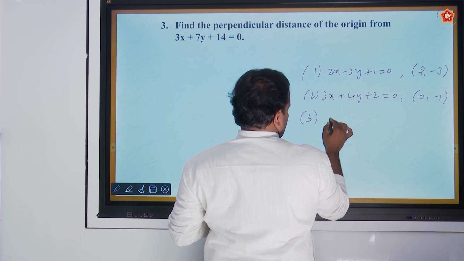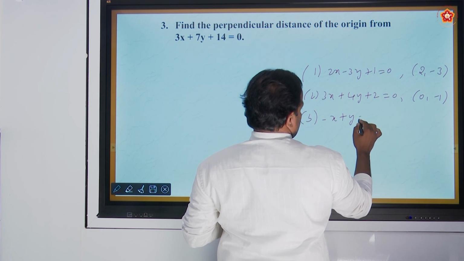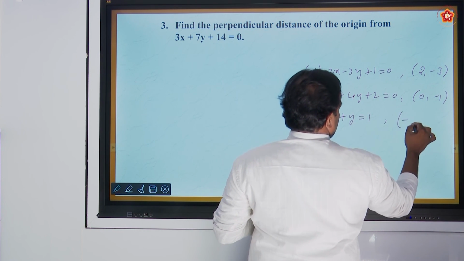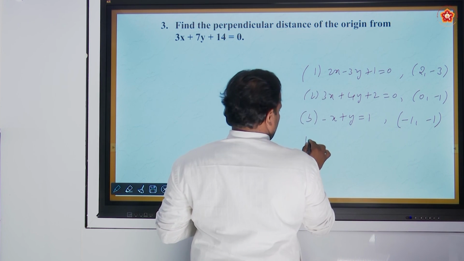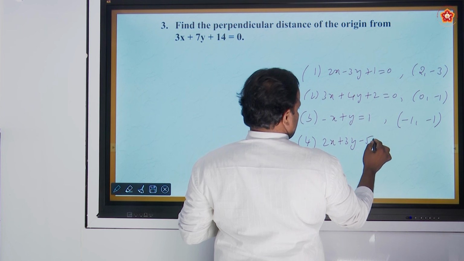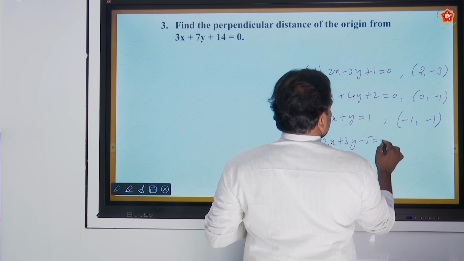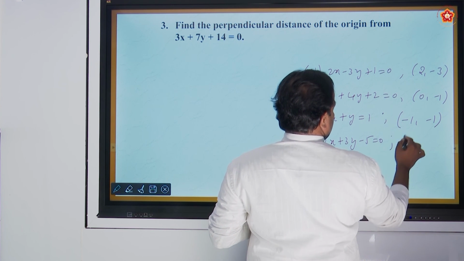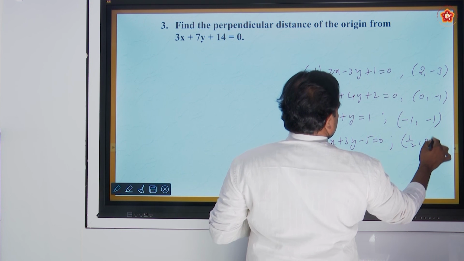Third example, -x + y = 1, the point is (-1, -1). Fourth, 2x + 3y - 5 = 0, the point is (1/2, 0).